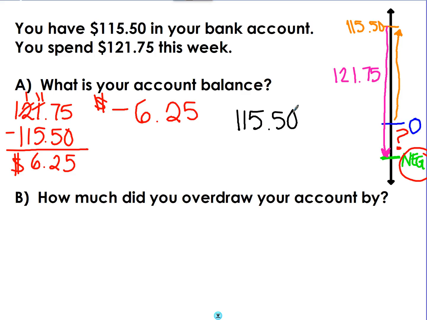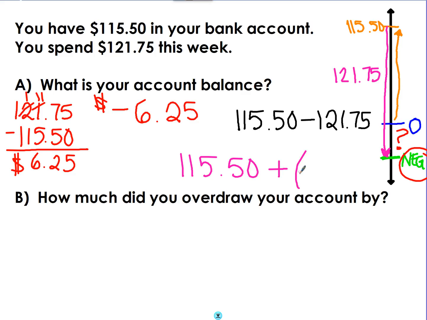So then, if I asked you to write an equation, you would start out with $115.50. In this case, there's two answers. So we can either subtract away the money that we're using, or another answer would be $115.50, and keep adding what happens to your account.